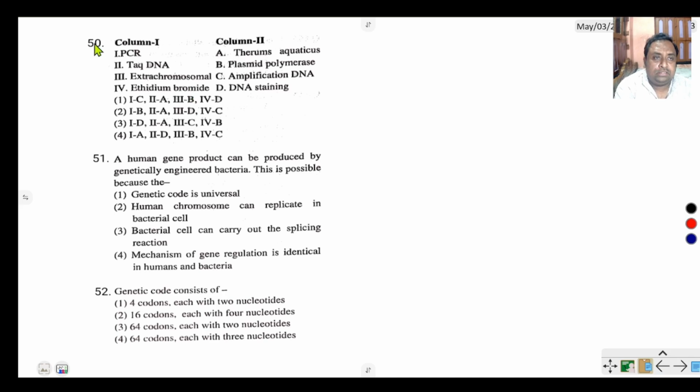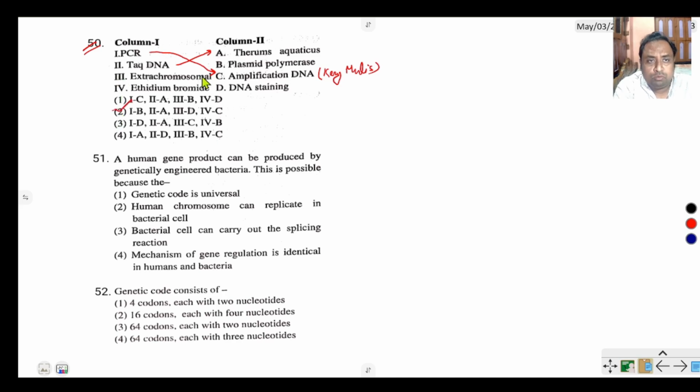Question number 50 says: match column 1 with column 2. PCR, polymerase chain reaction. The function of polymerase chain reaction is amplification of DNA, discovered by Kary Mullis. Taq DNA polymerase comes from Thermus aquaticus, a thermostable bacterium. So 1b, 2a.